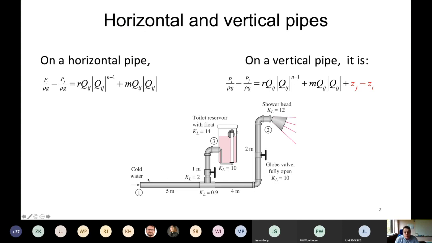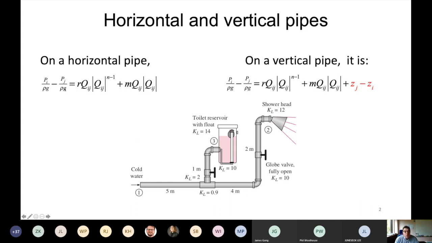So here is a small example of copper tube, 1.5 centimeter. You can see there are some horizontal pipes, some vertical pipes. There are some minor losses because of the bends and so on.